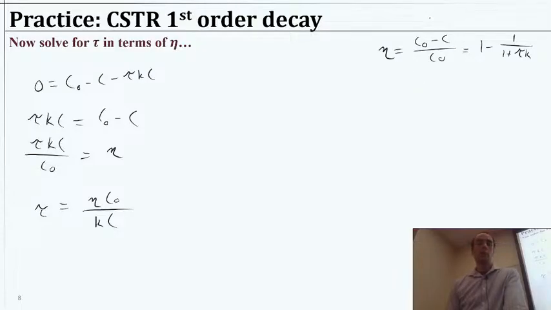And so I decided if I divide both sides by c naught, I'll have the efficiency on the right. So that becomes the efficiency when I have tau kc over c naught. From there, all I have to do is multiply by c naught and divide by kc. So tau would then equal our efficiency divided by k times c naught over c.